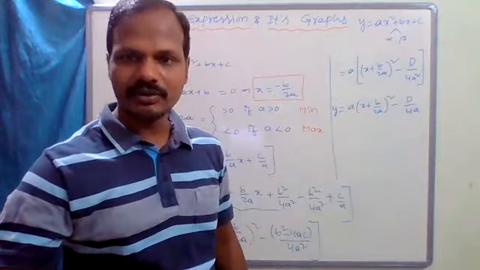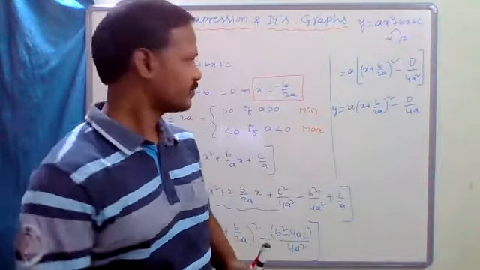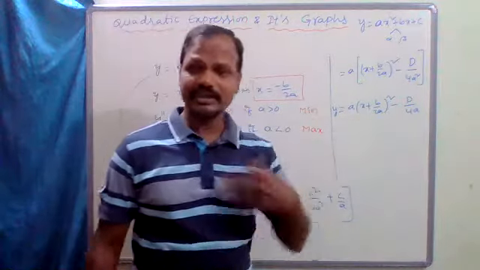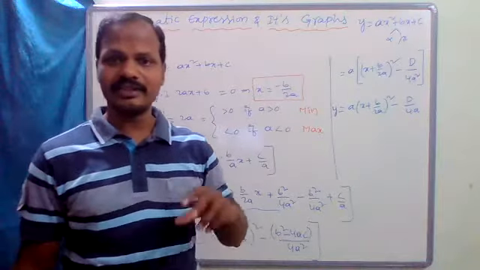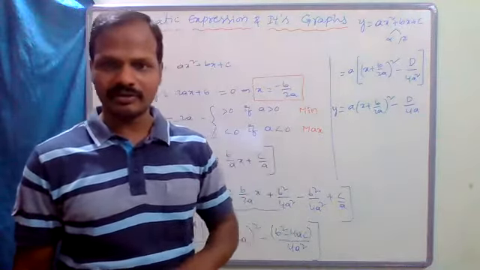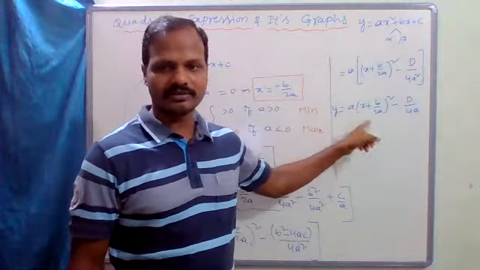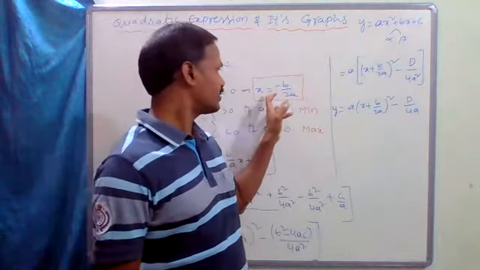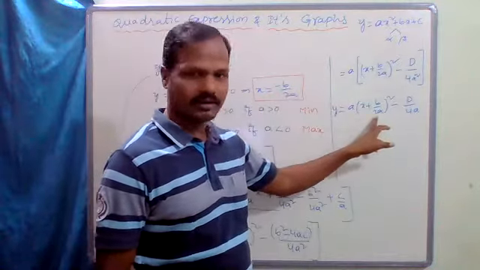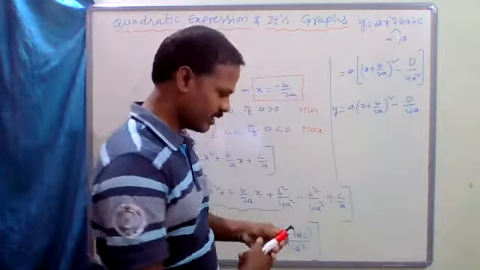To find that maxima or minima value, you have to substitute this x value in the given expression. If you substitute x equals minus b by 2a here, this part becomes 0.